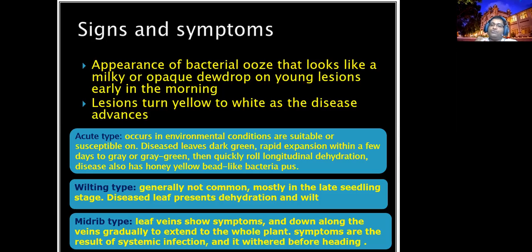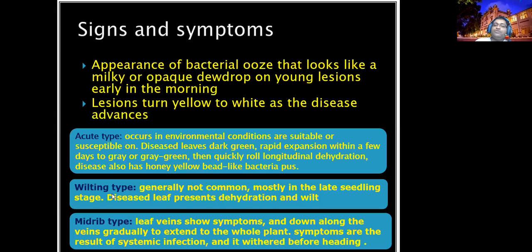You can observe the bacteria as yellow bead-like bacterial honey. Oozing of the bacteria as a milky dewdrop from the lesion is an indication that this is a bacterial disease, so from the symptom you can confirm this is bacterial leaf blight.